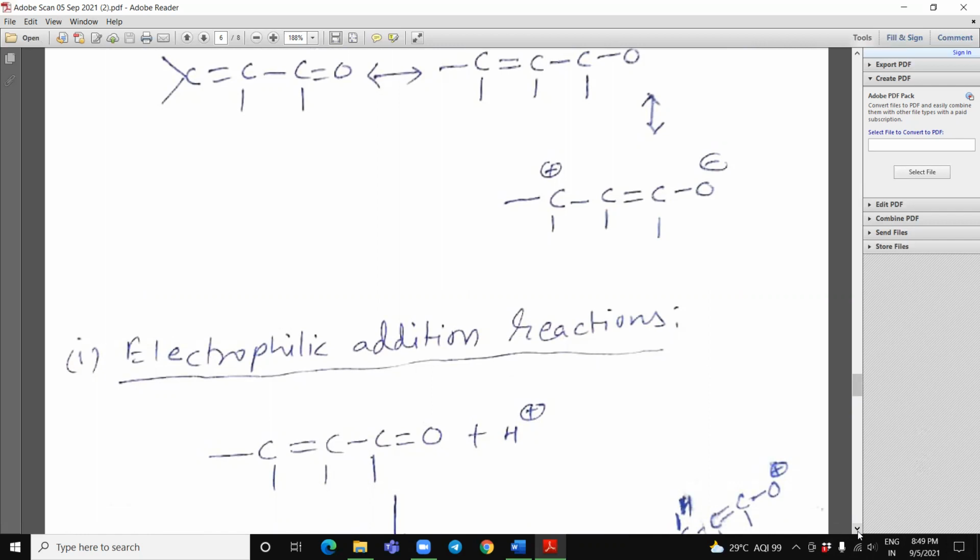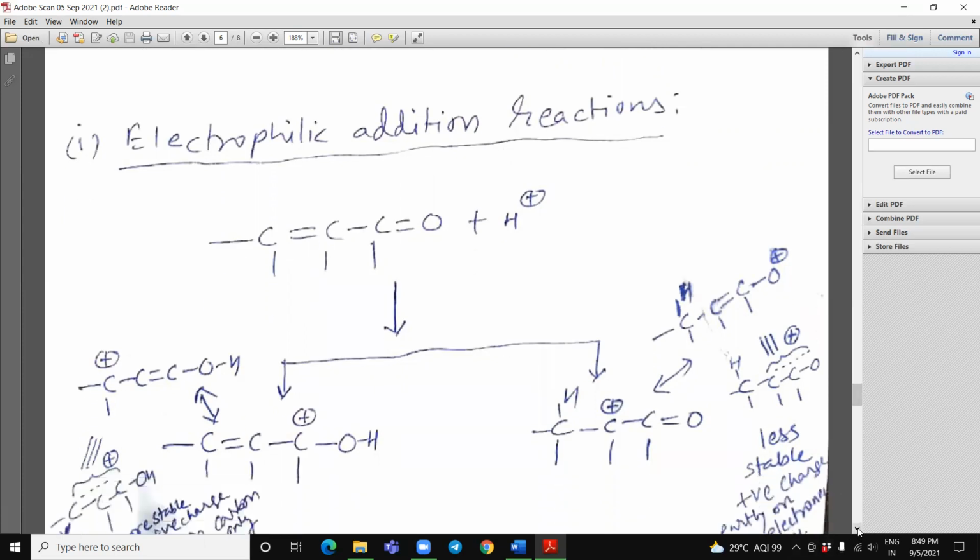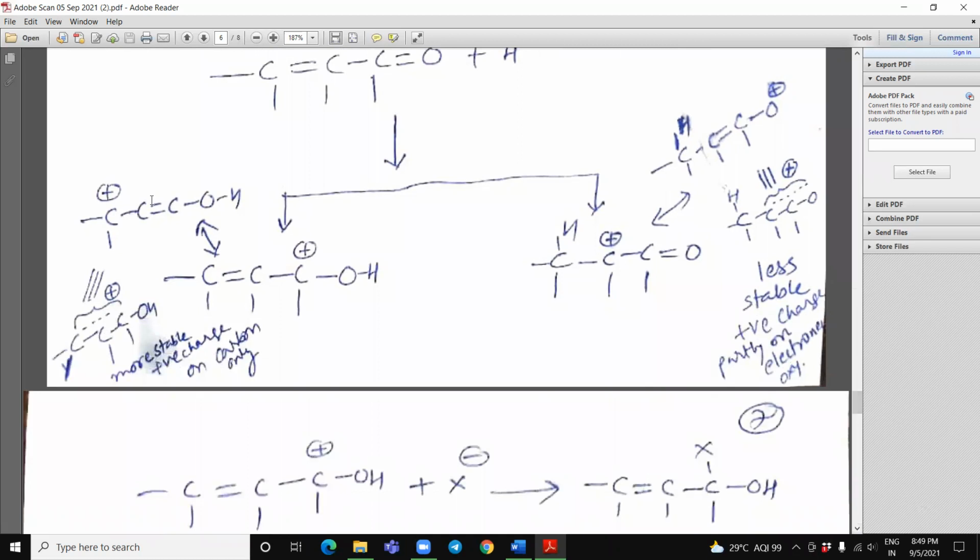Due to the resonance, this addition will change. Suppose we are doing an electrophilic addition reaction, see here.